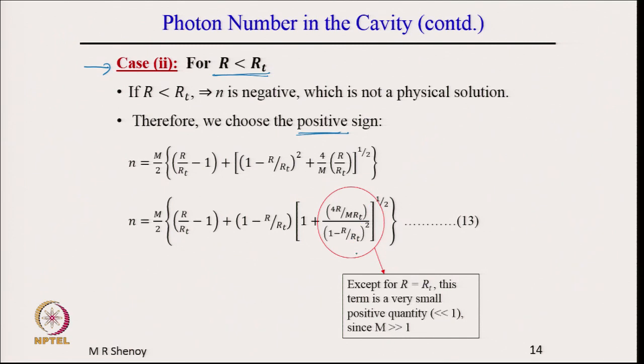This number is extremely small because m is in the denominator. So, except for r equal to RT, the last term is very, very small.